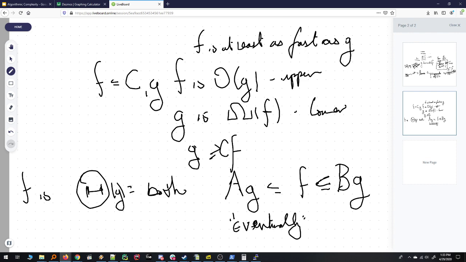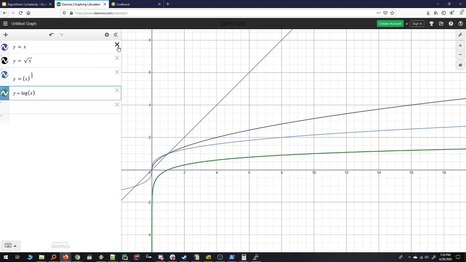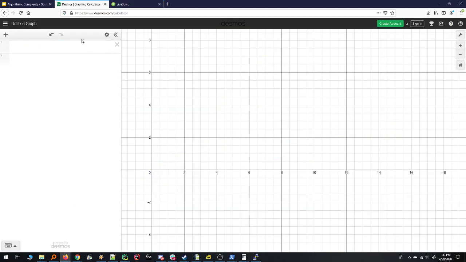I think one of the best ways to say it maybe is that something is big theta when you can stick it into bands. So let me show you what I mean by that.